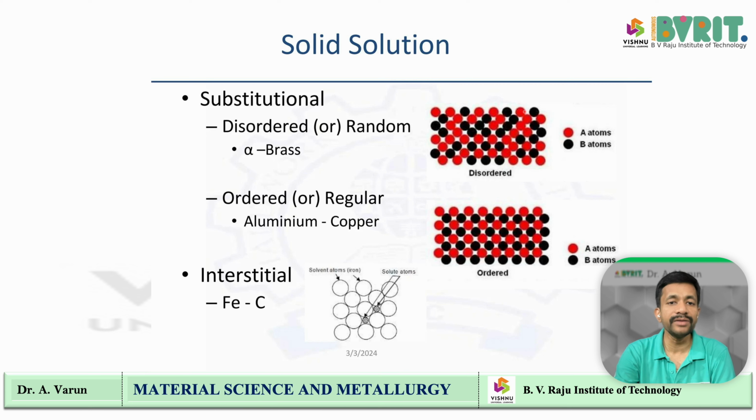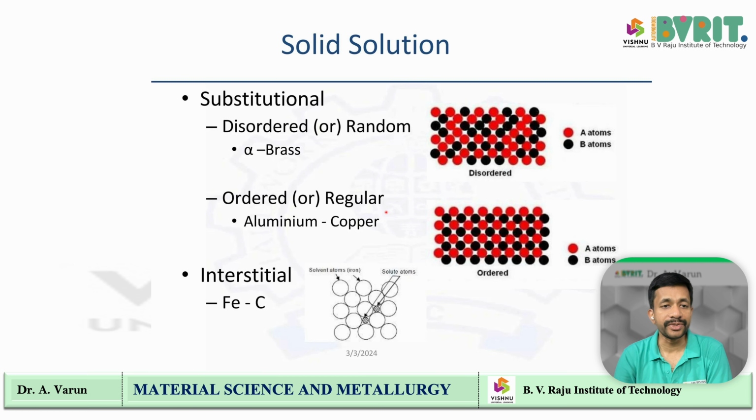So, like you can see here, element A and element B are substituted randomly. But there can be certain alloys which are very regular, in an orderly manner, like aluminium and copper. So the arrangement is order. That is a type of solid solution. So this is what belongs to substitutional.